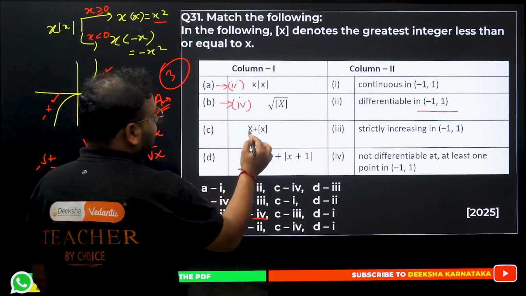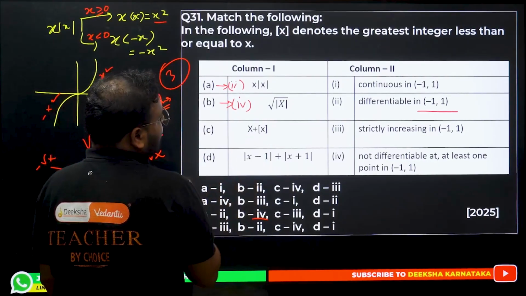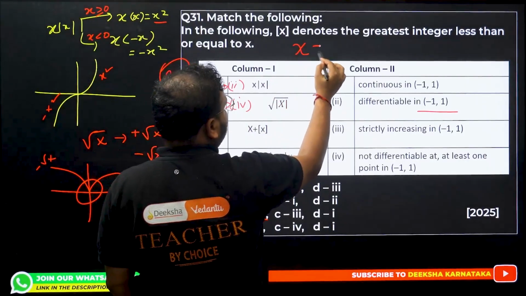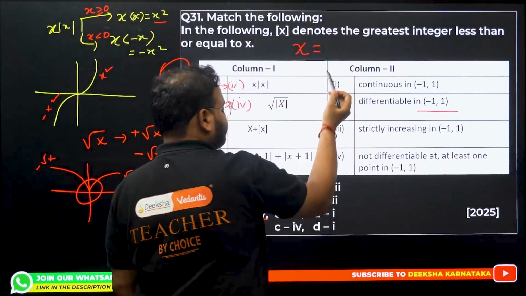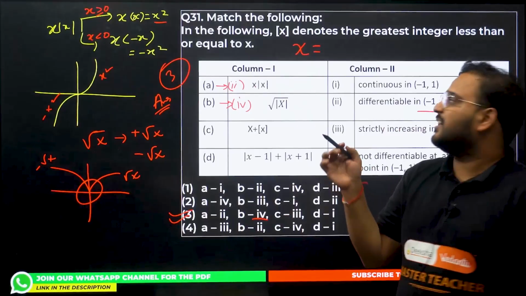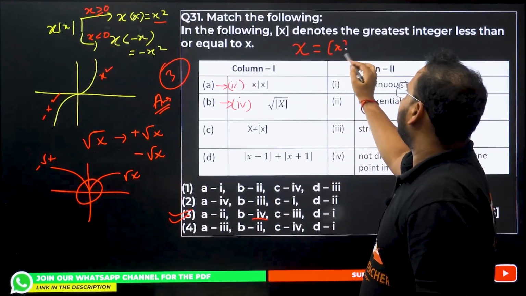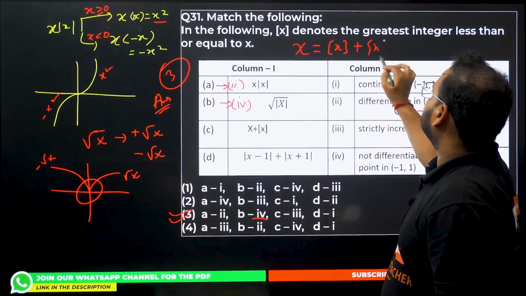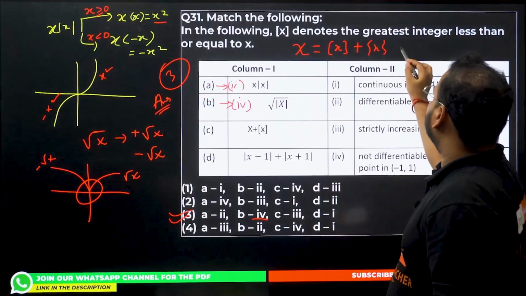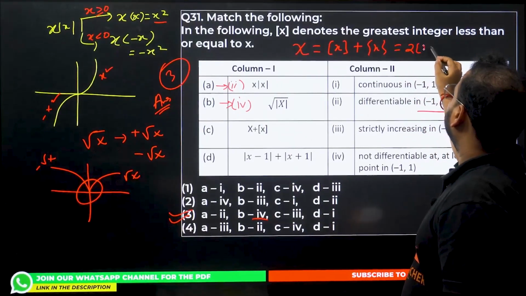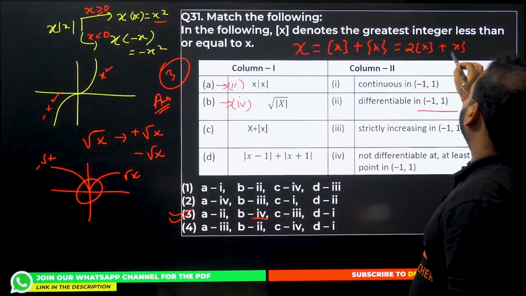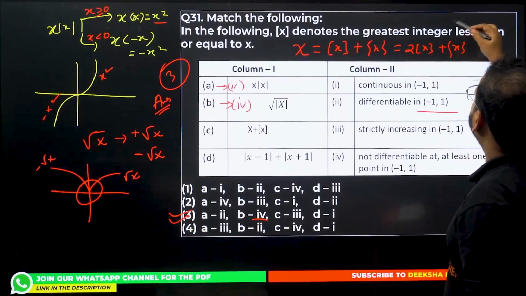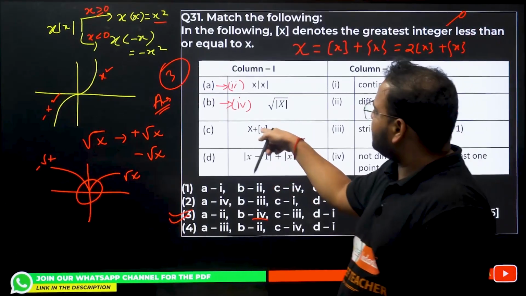Try for this question, write x as, what is x? Any function x is defined by your integer part and your fractional part. Okay, you already have an integer part, so this will become twice of that, and the fractional part. What is the fractional part? It's an increasing function like this. So the graph will always be increasing for this part.